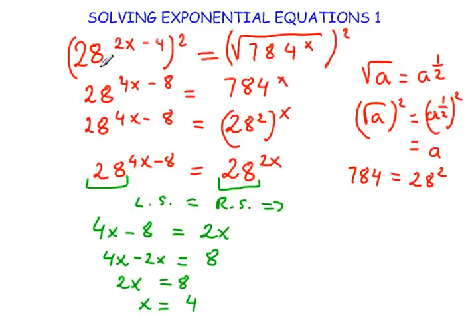So in order to see if this is the correct answer, you would want to substitute 4 into the original equation, and you would have to see in the process that the left side is equal to the right side. So this is for that equation, and we'll continue with a new equation in a second.